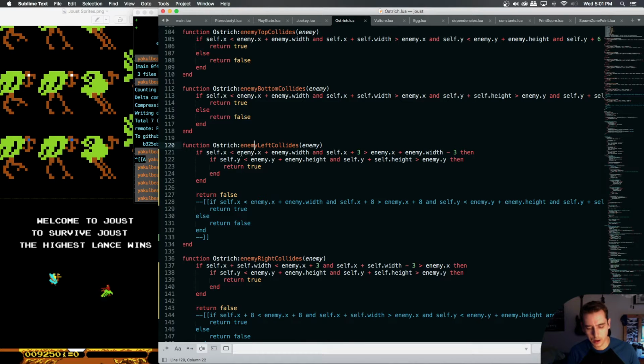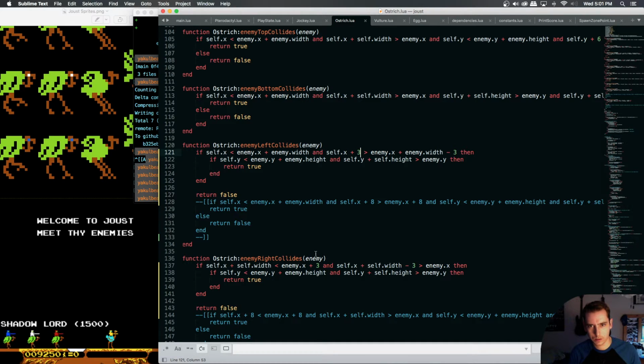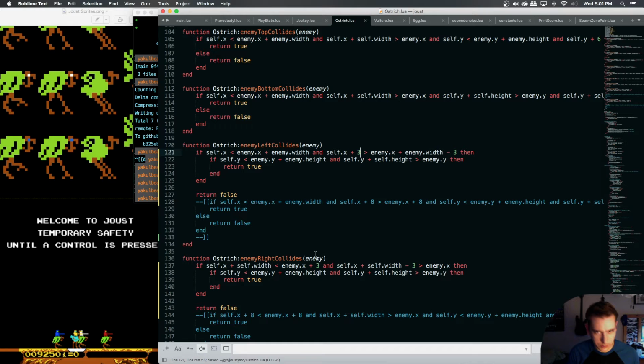means that our x would be smaller than enemy x plus width, and our x plus 3 would be greater than... okay, maybe that's... What did we actually just change there?